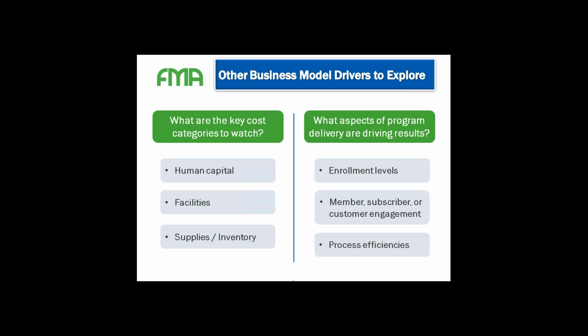And as far as delivery of program, you'll see that enrollment in earned revenue programs, enrollment, levels of client service, very, very important. Those drivers of volume will be critical to a KPI determination. And then there's process efficiency, in that we only have a certain number of hours in a day.